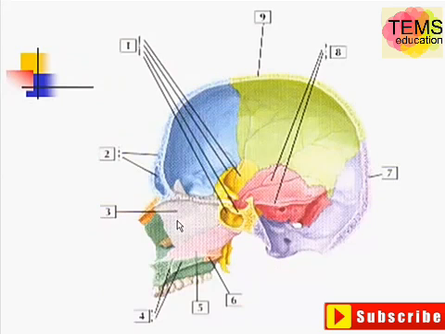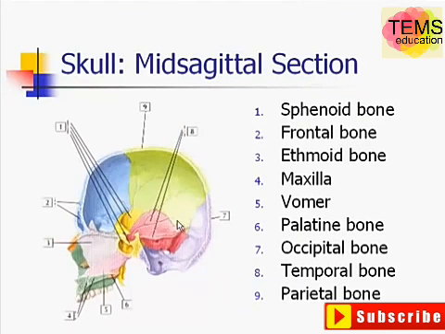All right, so now if we were to take a look at the midsagittal section, see if you can identify these bones. Remember, on number 1, they're looking at the sphenoid bone, the greater and lesser wing, the area called sella turcica, and the sphenoid sinus.